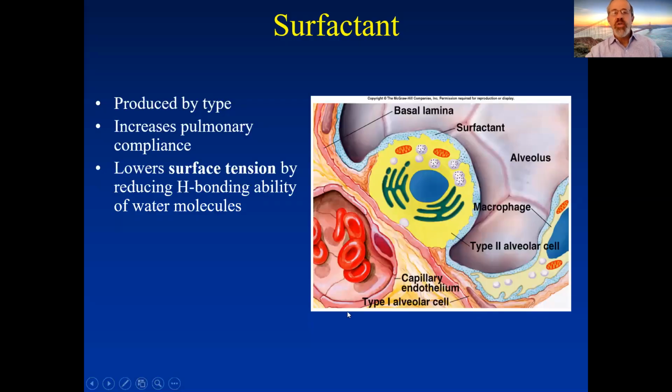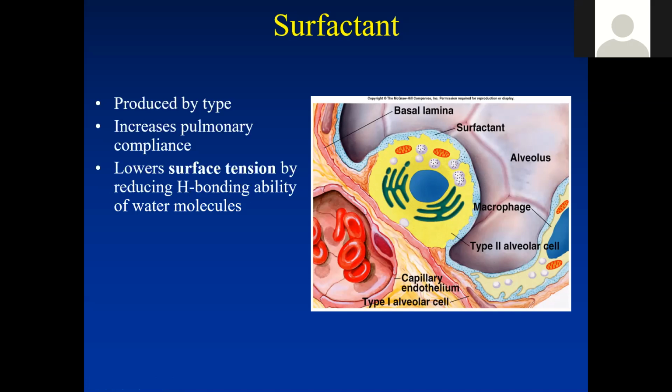All right, so surfactant, which is again produced by these type 2 cells, a couple terms to mention: it increases what's known as pulmonary compliance. Now, if you look at the word compliance and think kind of outside of the realm of biology or science, you think of somebody being compliant, meaning that they're going along with everything, they're flexible.